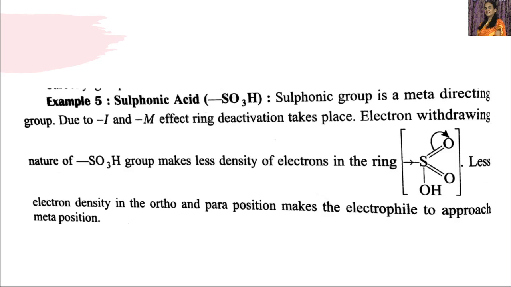And this lower electron density at the ortho and para positions makes the electrophile approach the meta position. Therefore, the incoming electrophile, the second electrophile, has to go to the meta position whenever the SO3H group, that is the sulfonic acid group, is present as a first substituent on the benzene ring.